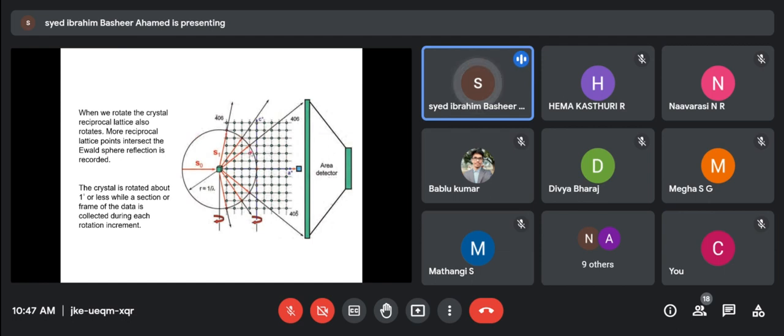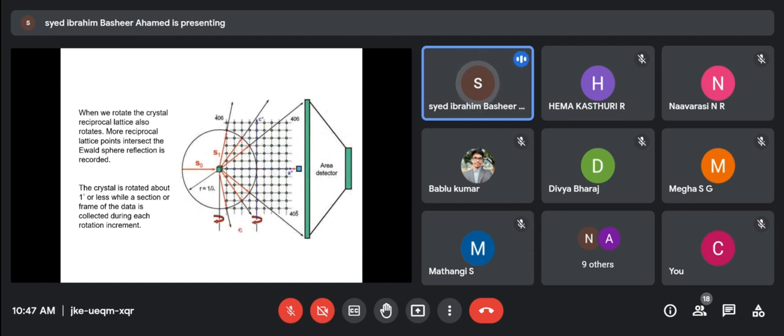You don't want to miss the other information, right? So that's why you will be rotating the crystal, so that the origin and the place of the Ewald sphere will be continuously rotating, and it will record the other points, one by one.